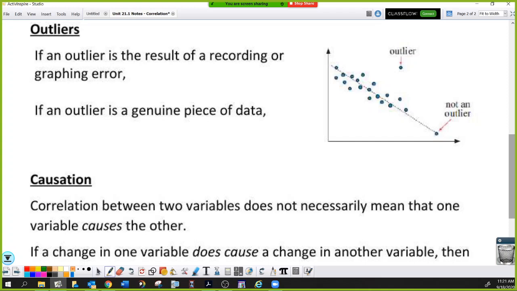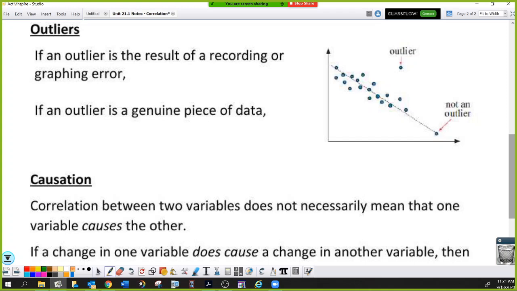Now, one of the 2 dots that's nowhere near the mass is completely off the line. So that dot at the top would be called an outlier because it doesn't even fit the trend of the rest of the data. Now the one to the bottom right, even though it's far away from the clump of data, it does still fit the trend, so it is not an outlier.